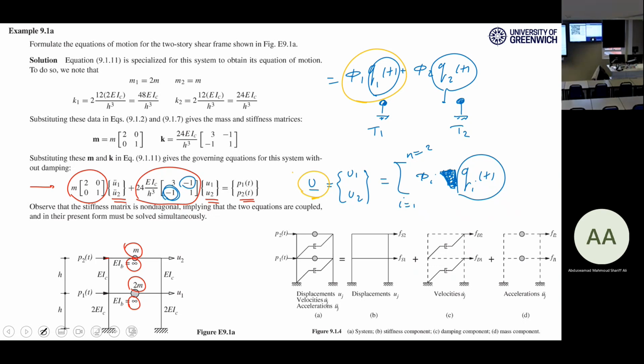Less than 1% relies on the third, fourth, fifth, and so on. So the first term is dominant. The first term is the most important term to solve this problem. That's why the first natural frequency is called the dominant frequency. It's the most important frequency.